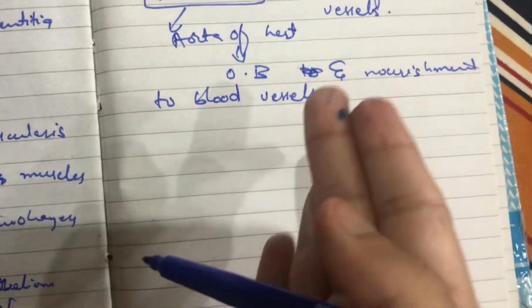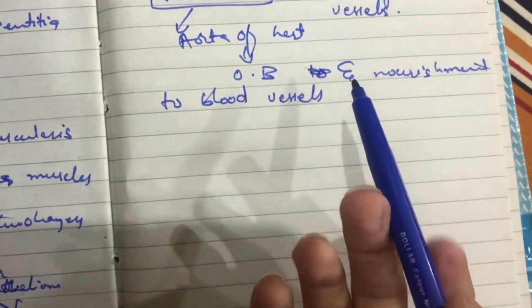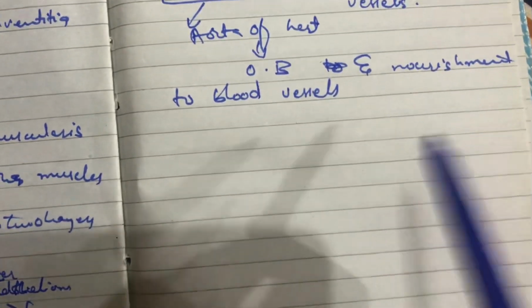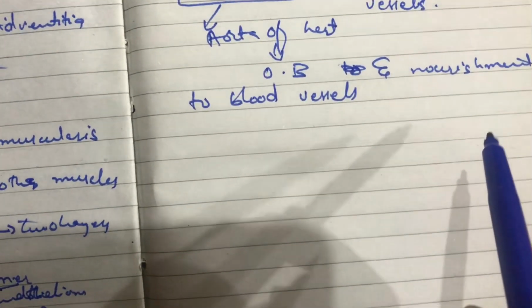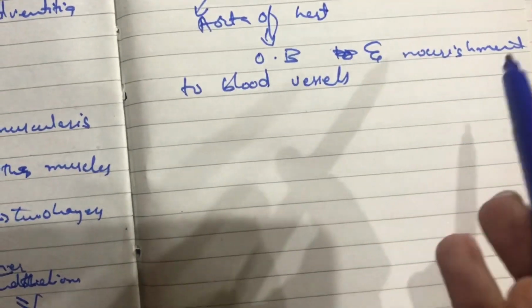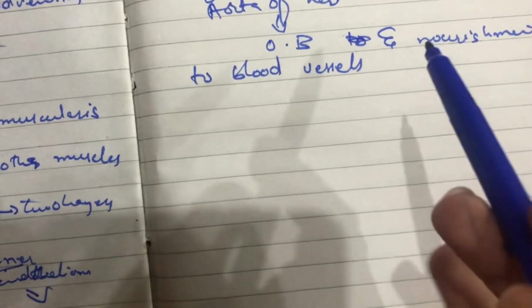In between, the waste that is produced in the blood vessels will be taken by this, like deoxygenated blood, taken from the walls of the blood vessel, or you can say the endothelium.